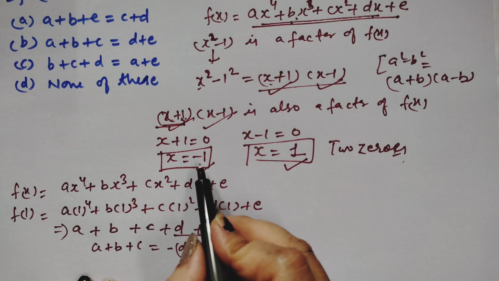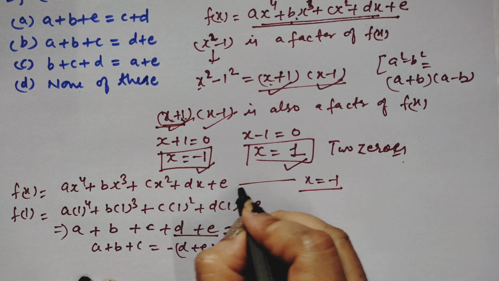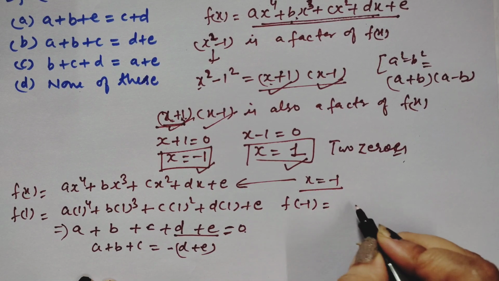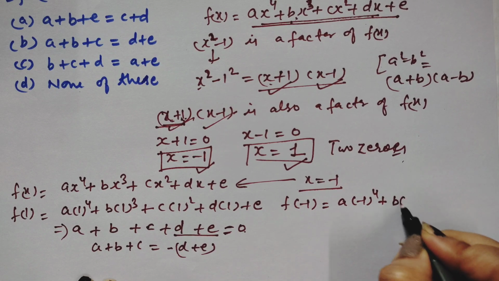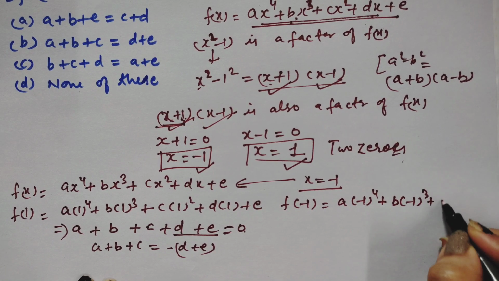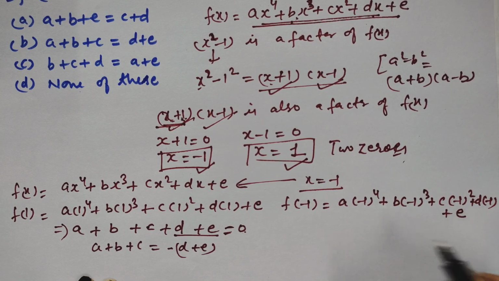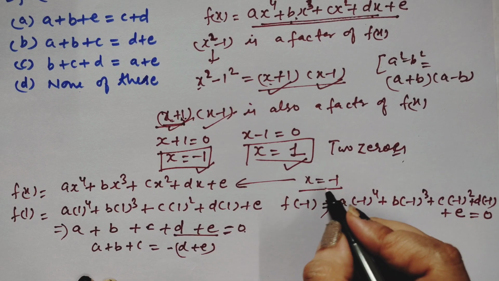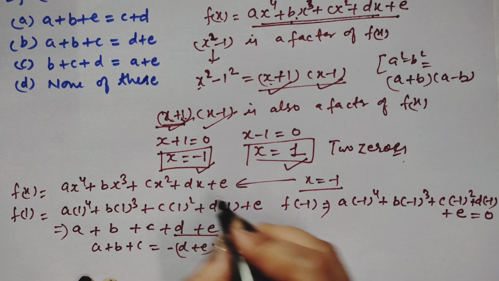Similarly, the second zero is x equals minus 1, and we put it in this polynomial. So f of minus 1 equals a times minus 1 power 4, b times minus 1 cubed, c times minus 1 squared, plus d times minus 1 plus e. It should also be 0, because these are zeros of this polynomial, so it should be satisfied.